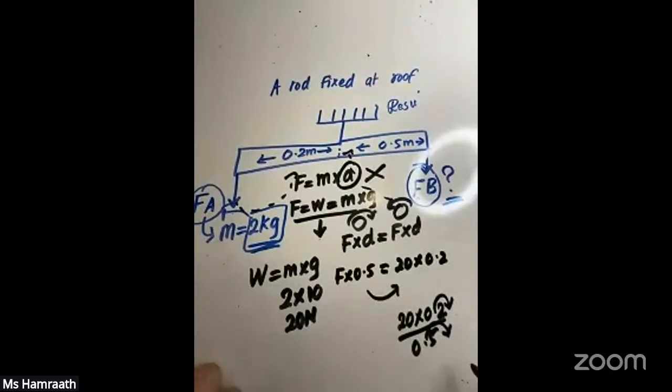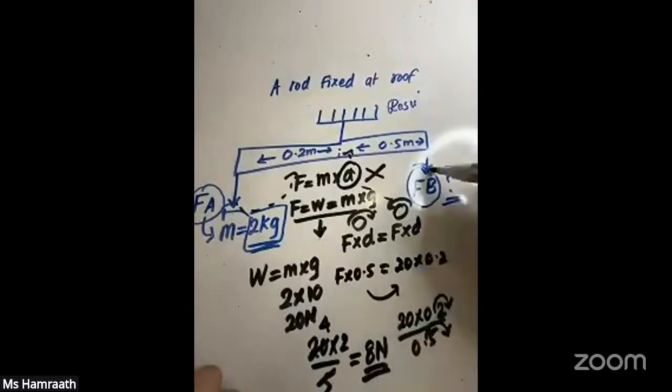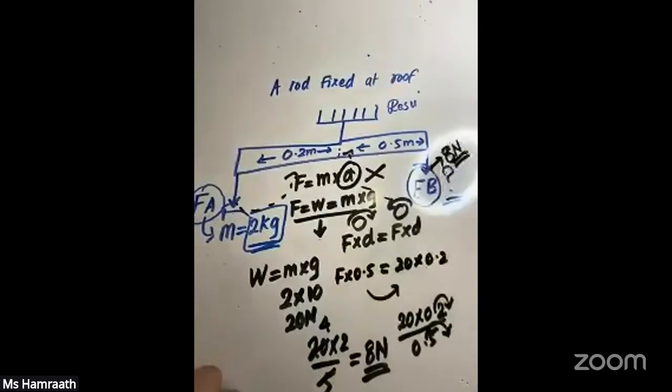If I jump the decimal, these values become whole numbers: 20 into 2 divided by 5. If I divide 20 by 5, that's 4. 4 into 2, my answer is 8 Newton. So the force that I'm applying here is 8 Newton. Clear? Got it? Understood?